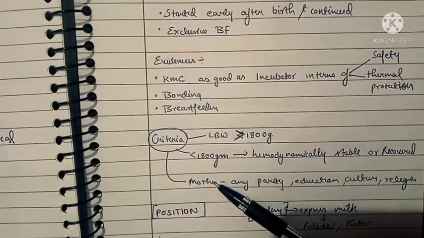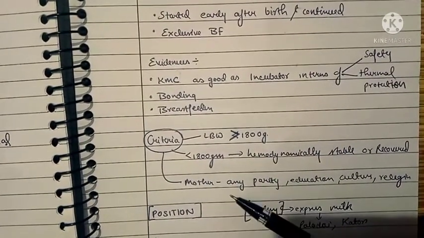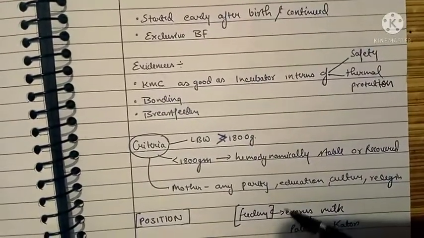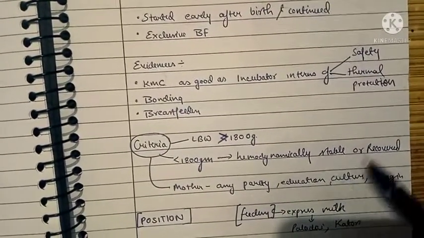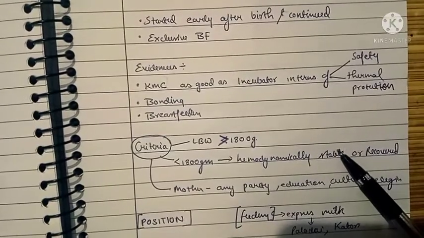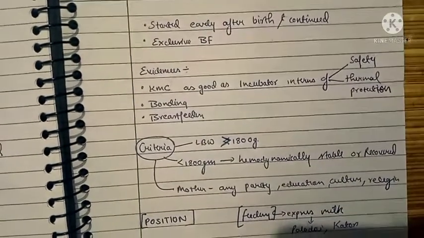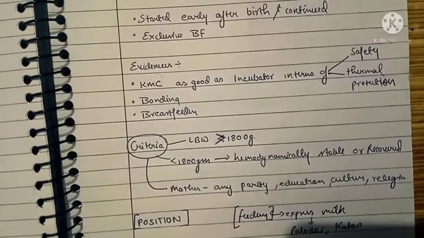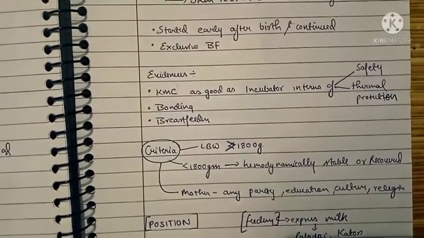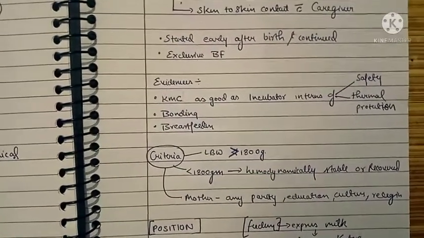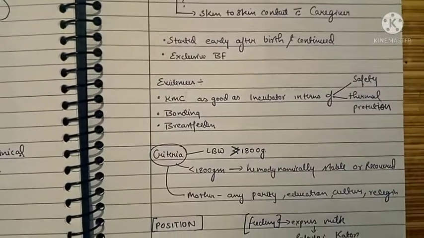The mothers included in the criteria are of any parity, any education, any culture or any religion. For the caregiver, there are no such specific criteria. We just need the mother to be compliant and willing to give KMC to her baby.